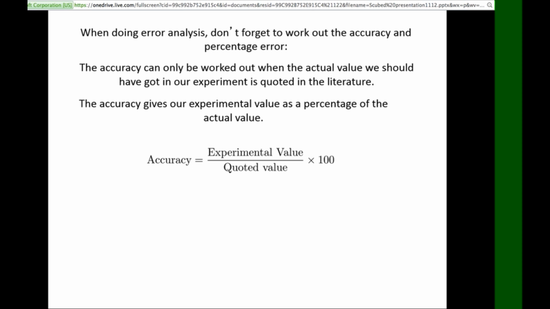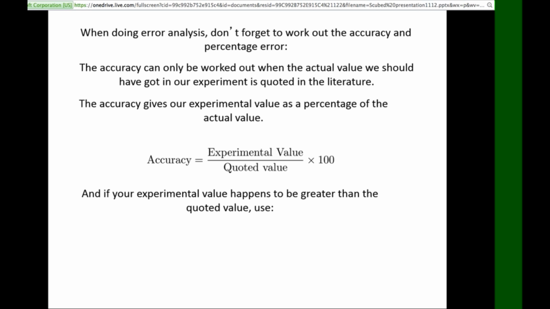The accuracy is worked out like that. But if your experimental value happens to be greater than the quoted value, of course this would be greater than 1 and you'd get an accuracy that exceeds 100%, and that wouldn't make sense. So in this case, just put the quoted value as numerator and the experimental value as denominator.